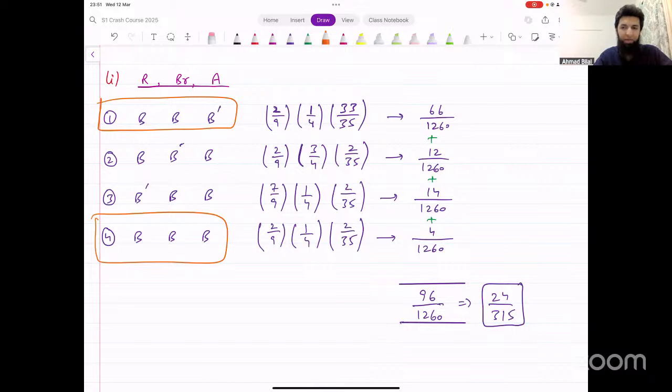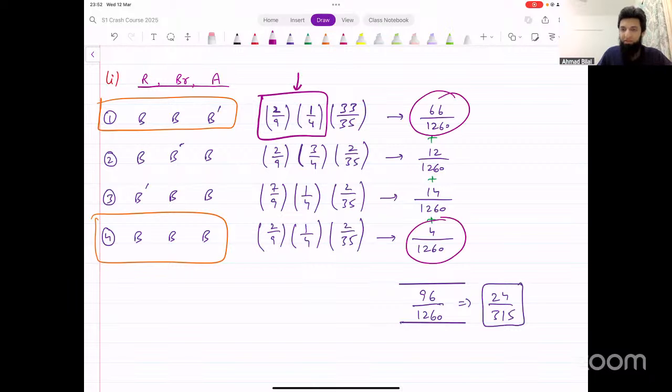Yes, that might be possible, although that might be confusing for most people. But you could merge first and last cases by just finding 2/9 times 1/4, and that will give you the total of this and this. But then the other two cases, you still have to find separately. You can't merge all of them into one, if that makes sense, Ibrahim.